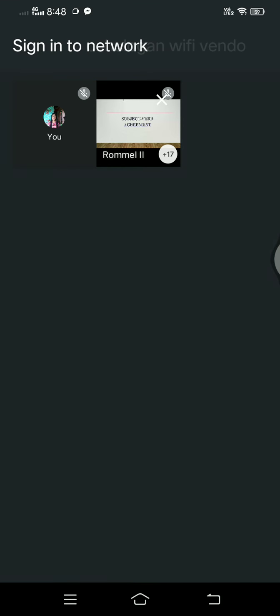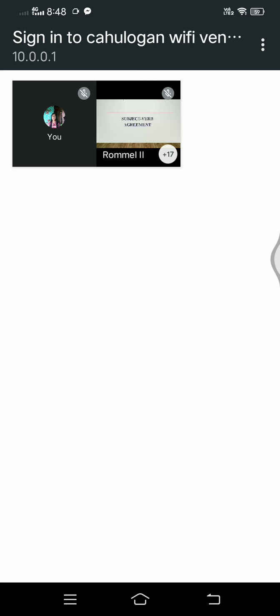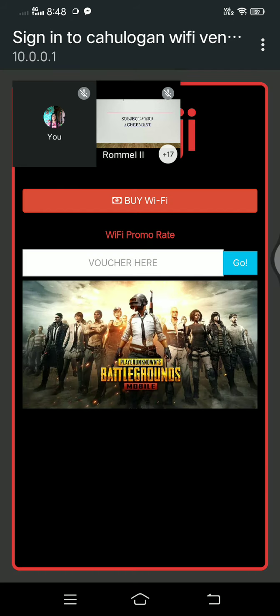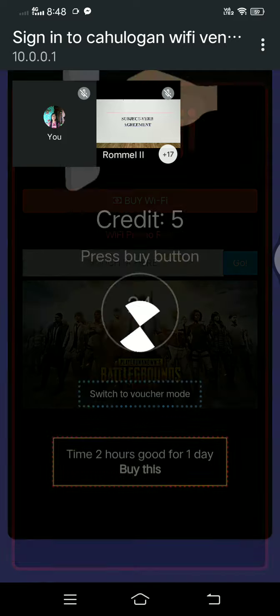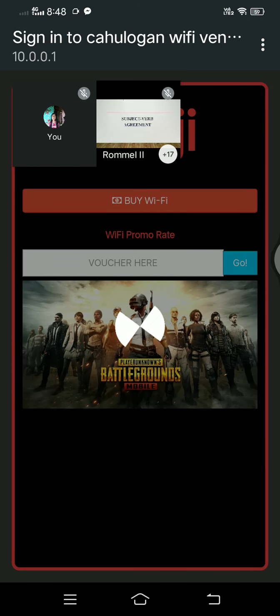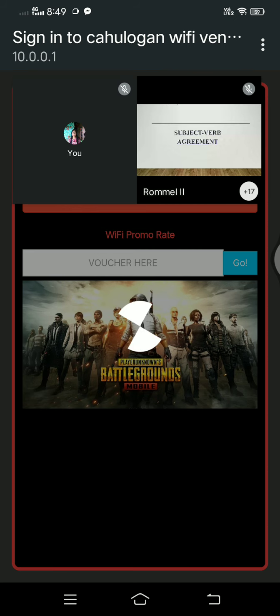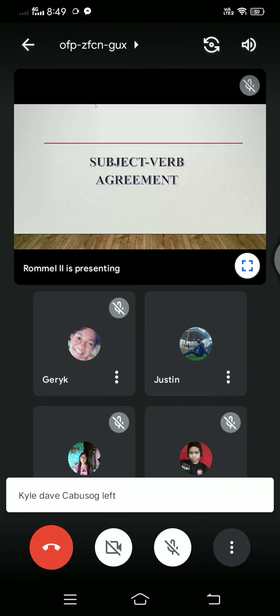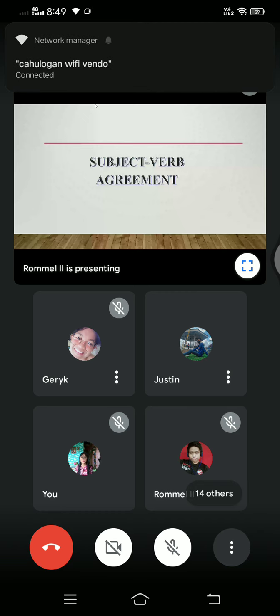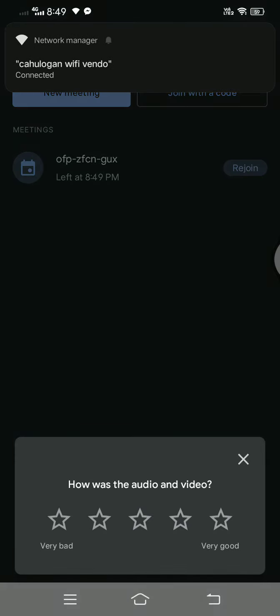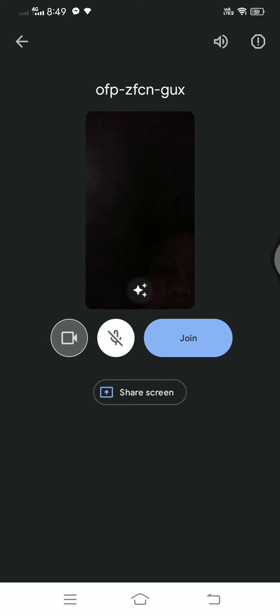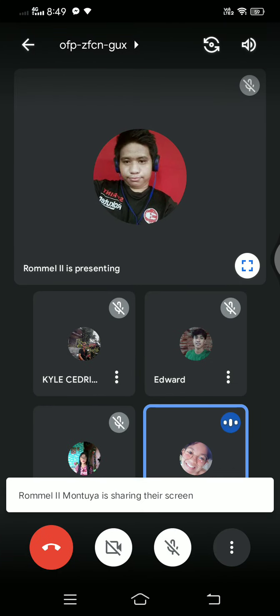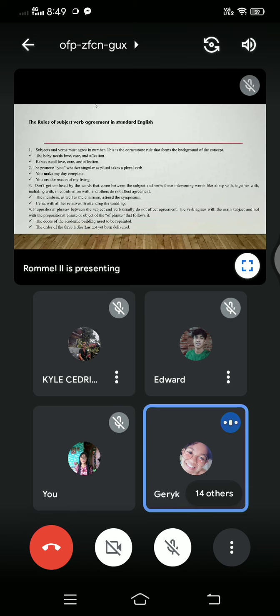Number 4. Don't be confused by the words that come between the subject and verb. These intervening words, like members as well as the chairman, do not change the subject. The verb agrees with the main subject and not with the prepositional phrase or the object of the phrase that follows it.